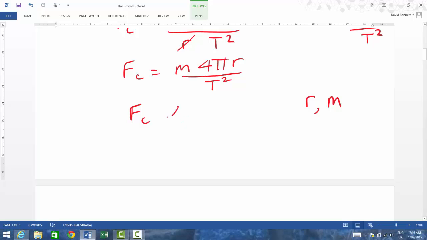So what we could say is a proportionality between the force and t squared, the period squared. The 4 pi squared is always going to be a constant value. Anyway, we'll talk about this experiment, this investigation, when we get to it in class. But that's essentially the relationship that we're looking at. So we'd say that the force is inversely proportional to the period squared.